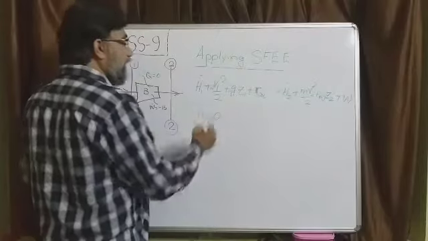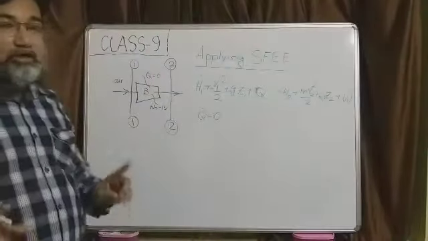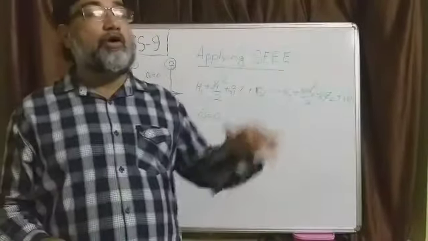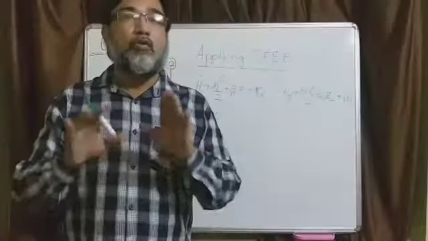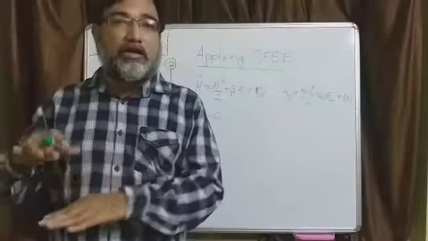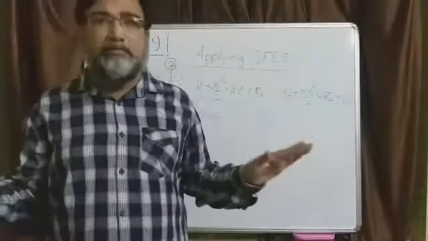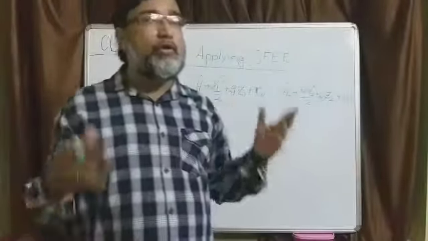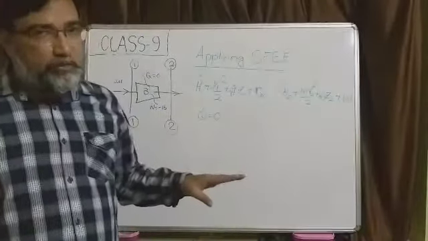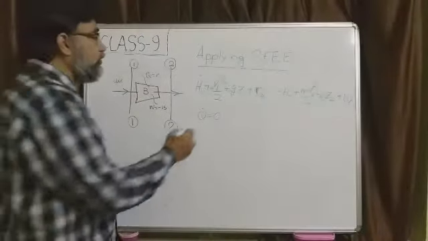Write the complete equation. Even if some of them might be 0, you do not take care of that in the first step. You write the full equation and then you write, for this particular problem Q dot is 0, and nothing is mentioned in the problem regarding the value of Z1 and Z2. That means, what are Z1 and Z2? That is the height of the inlet from the ground and height of outlet from the ground. Nothing is mentioned. When nothing is mentioned, we can assume it to be a horizontal blower. That means Z1 is equal to Z2.